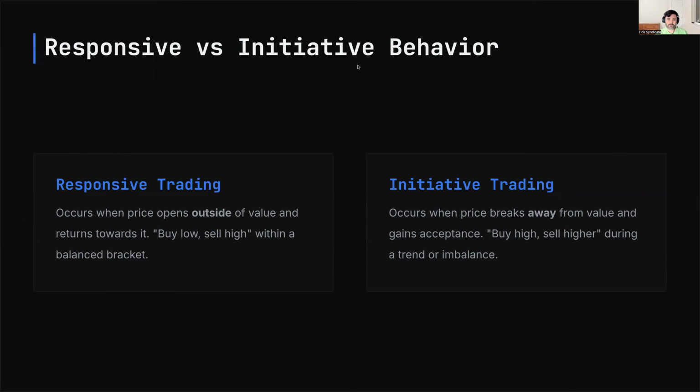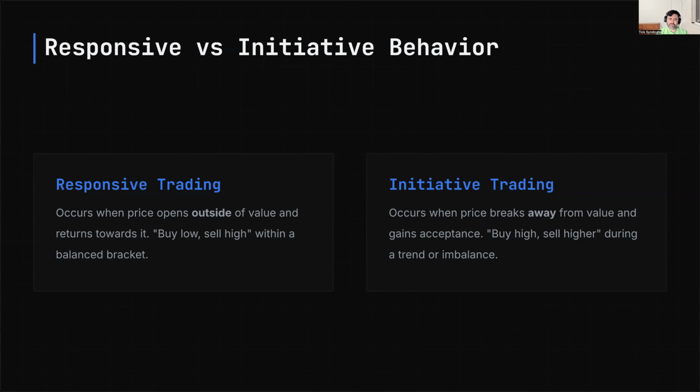Initiative trading occurs when price breaks away from value and gains acceptance. So think of it as buy high, sell higher during a trend or imbalance. When price spikes out the gate at the 9:30 Eastern bell, 8:30 Central Time, and doesn't come back to that initial balance high, it just keeps making higher highs relentlessly.